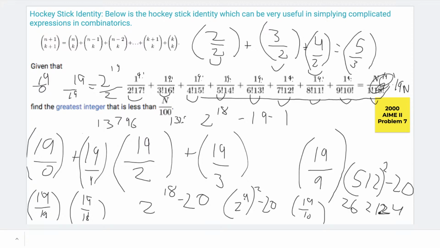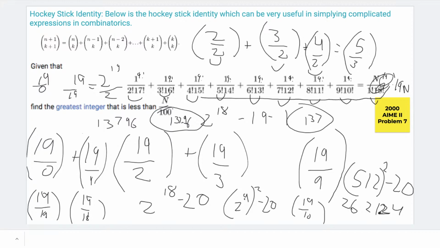But it says the greatest integer less than 137.96, and clearly that's not 138, since that's more than 137.96, so it's 137. I had to use a calculator at the end, but if you're taking the AIME, it's fine even if you have to compute 512 times 512, because you have so much time to calculate it. That's why it's perfectly fine even if you have to.